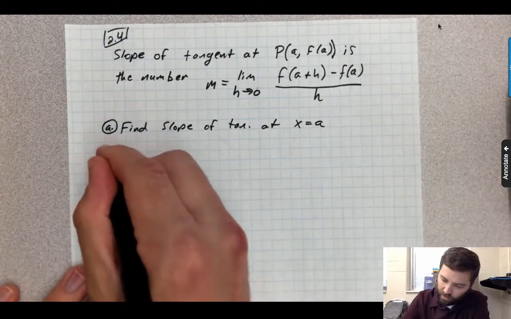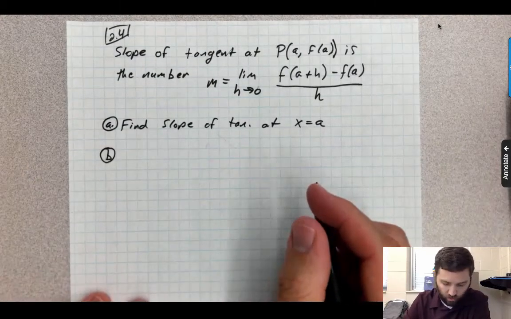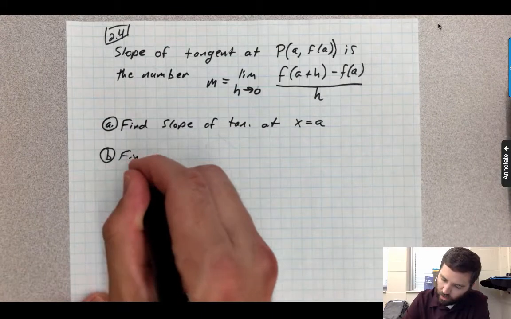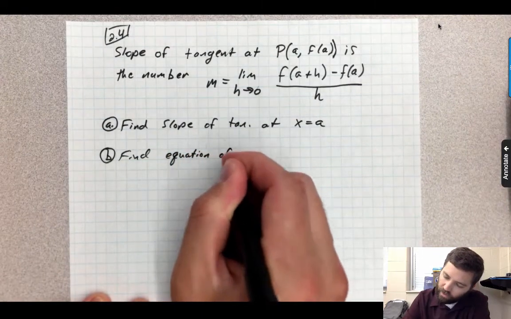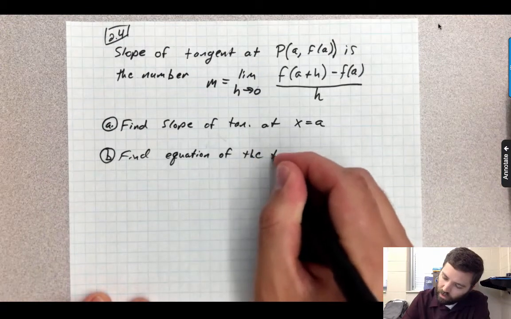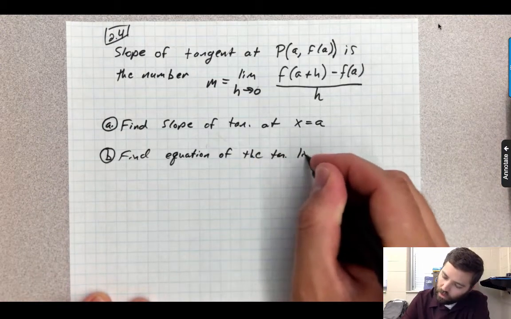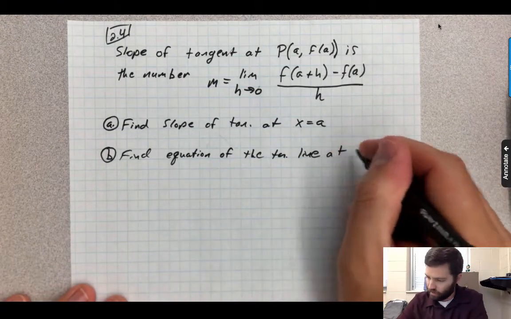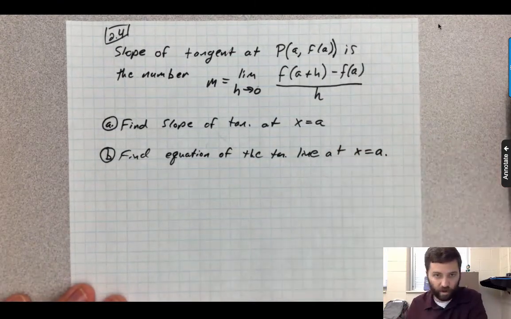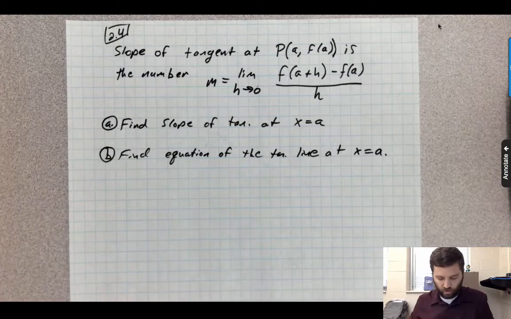And then part B of each one, we are going to find the equation of the tangent line. All right, and if I remember, this is also at x equals a. If I remember, we will also look at the graph as well, just to verify.